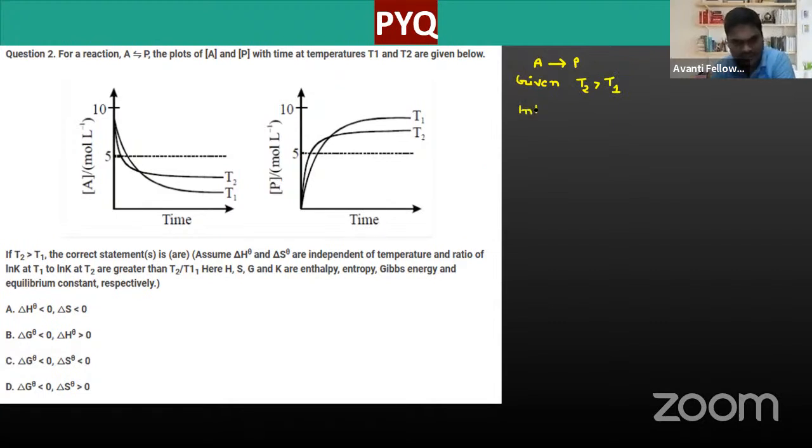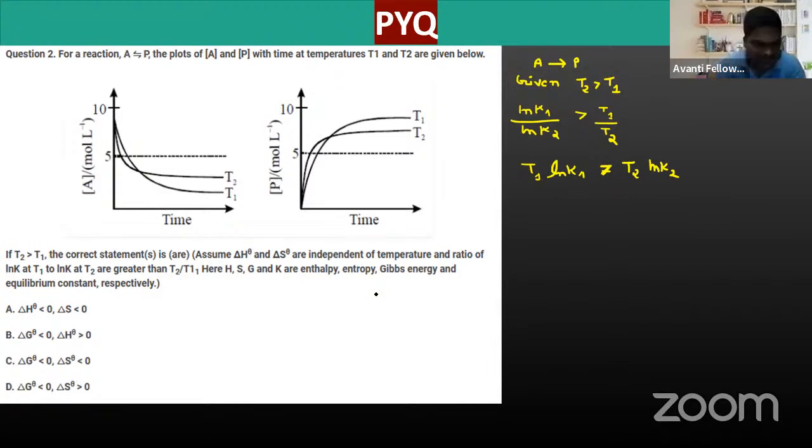Just put the formula like ln K1, ln K2 is greater than T1 divided by T2, right? So ln K1 by ln K2 is greater than T1 by T2. Okay. So we can write as T1 ln K1 is greater than T2 ln K2, right? So T1 ln K1, T2 ln K2.